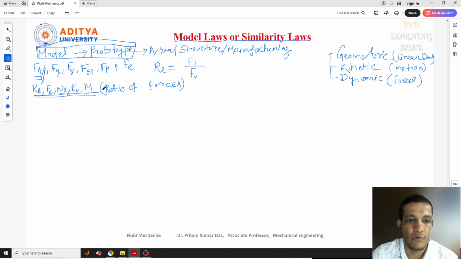So what you understood from here is that the dynamic similarity between the model and prototype should be the same.